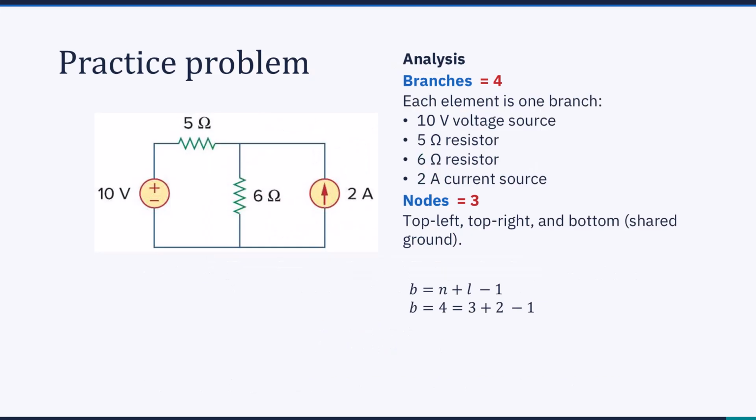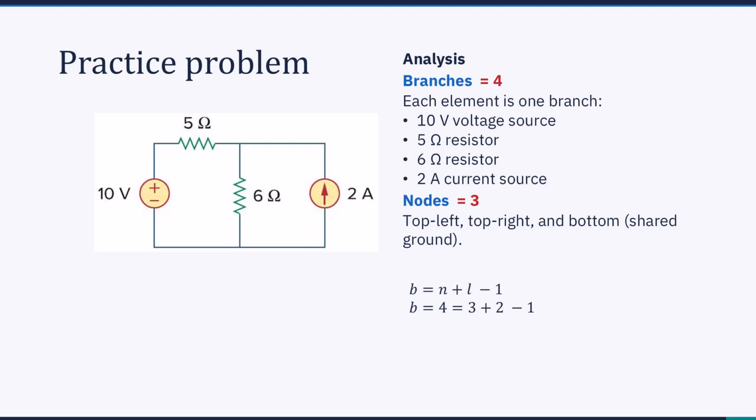Now look at this second practice problem. Let's analyze the circuit on the left. Branches equals 4. Each element is a separate branch. We have 10 volts voltage source, 5 ohm resistor, 6 ohm resistor, and 2 amp current source. Nodes equals 3.